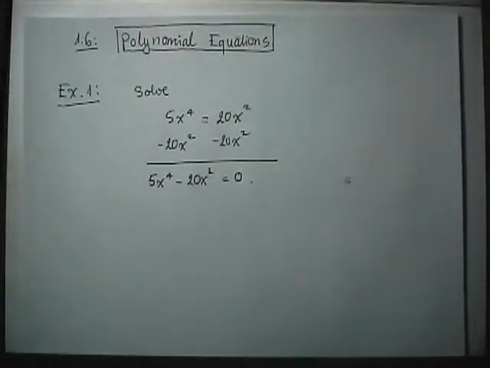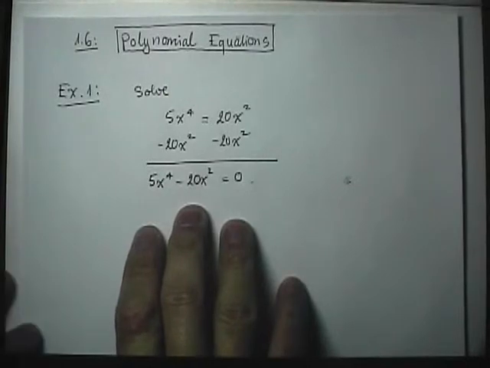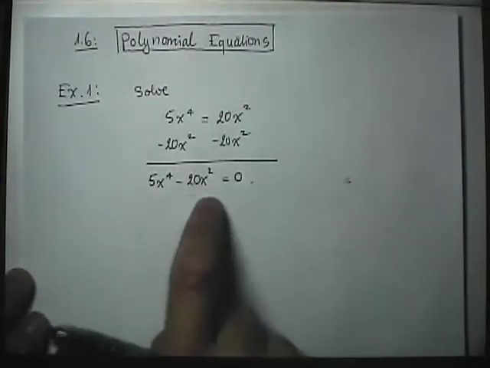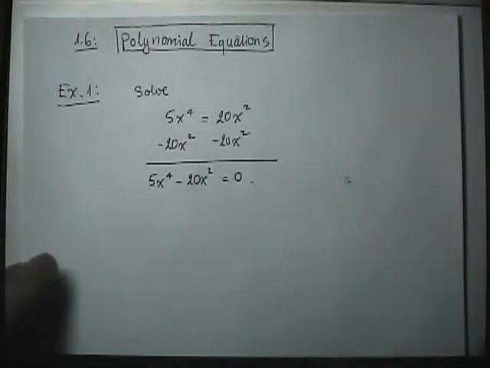Now I've brought my polynomial equation into the format that makes it ready to solve. At this point, the only access we have is the factoring method. If you're feeling shaky about your factoring skills, make sure you check out my other videos on how to factor.